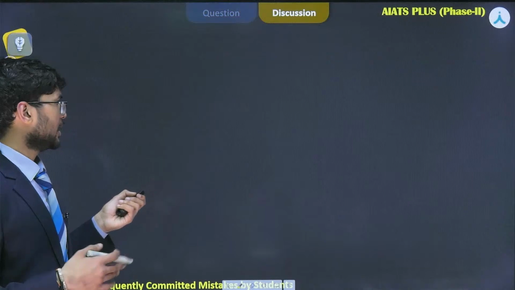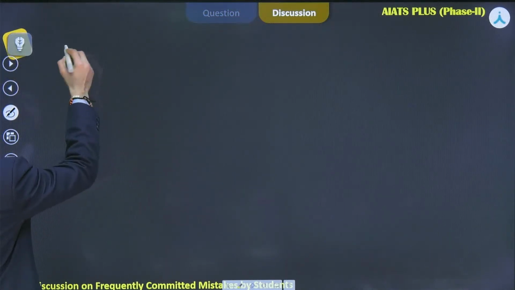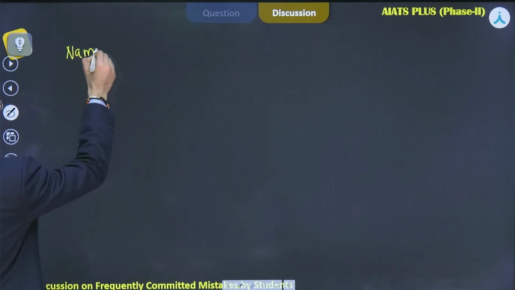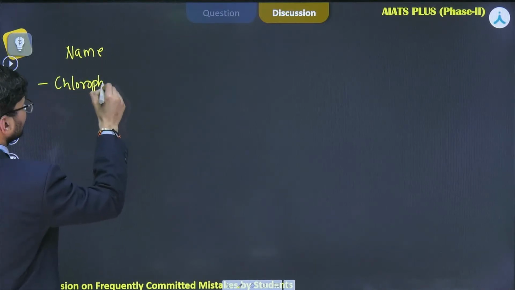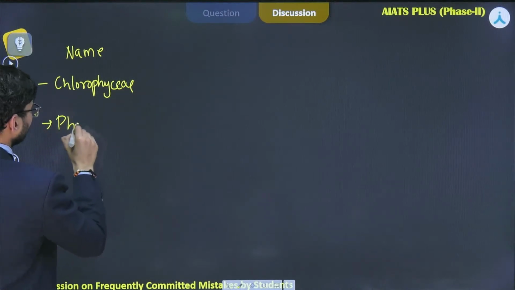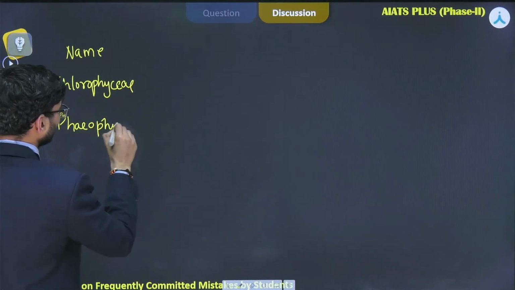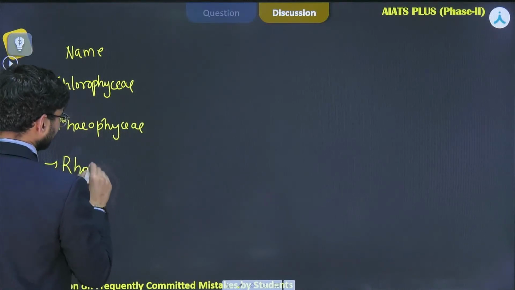So, let's revise the concept here, that there are different classes of algae. Okay. So, the names here: first is Chlorophyceae, second is Phaeophyceae, third is Rhodophyceae.